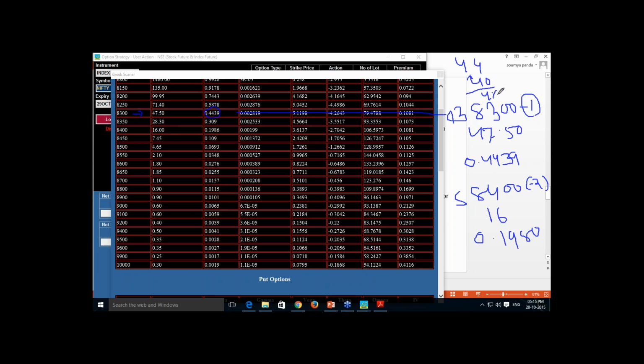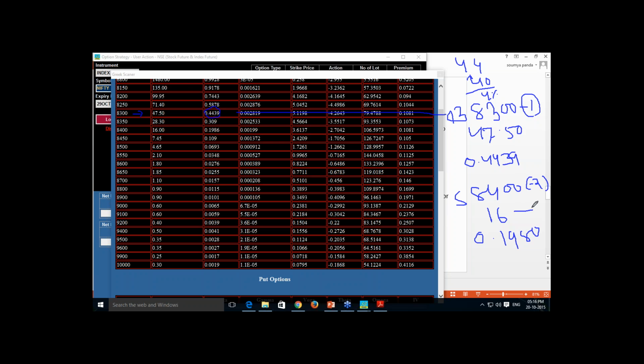Now if the market falls by 1%, my net delta impact, the decay which will happen on the 8,300 call, is 44%, but here I will also get a 20% decay benefit out of these 16 rupees. So only 4% I will be impacted.